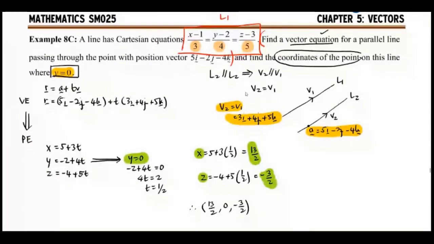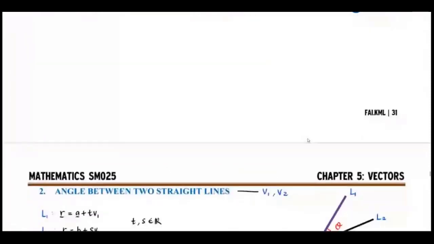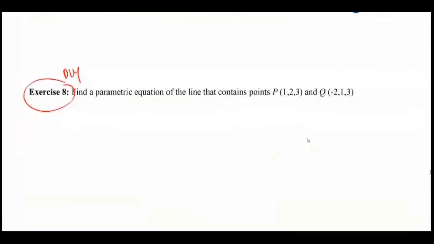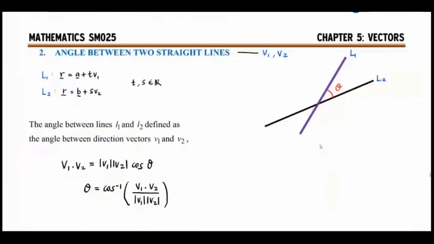So when it involves lines, you need the direction vectors V1 and V2. So by the concept of angle between two vectors, theta equals inverse cos of A dot B over magnitude A, magnitude B. So for lines, we will use V1 and V2.